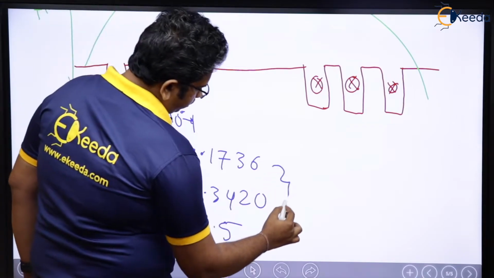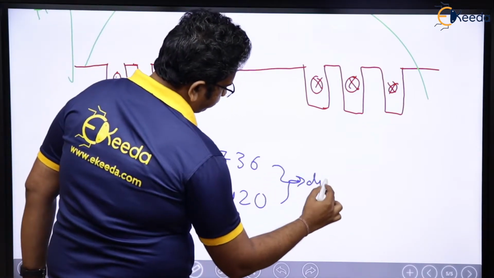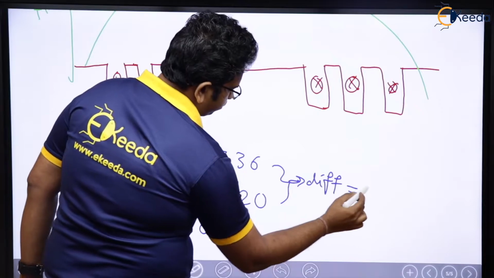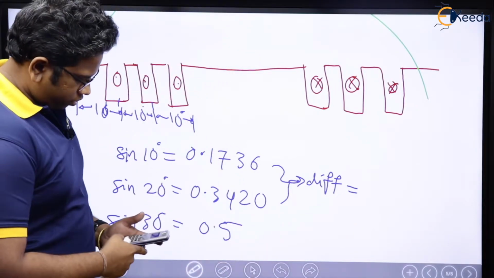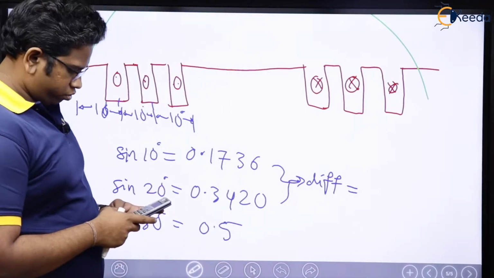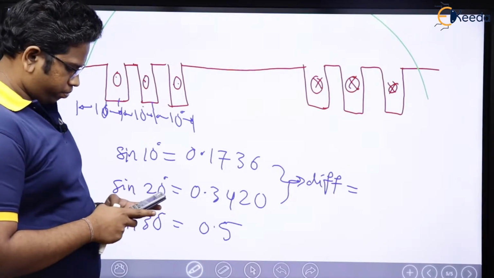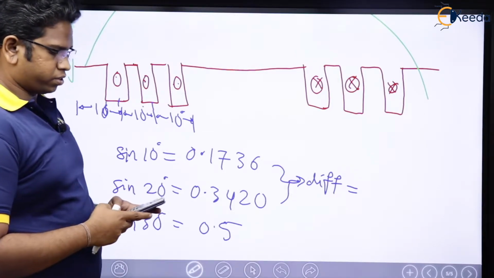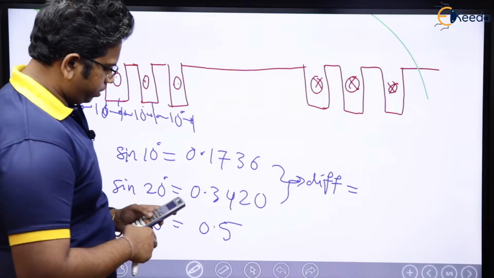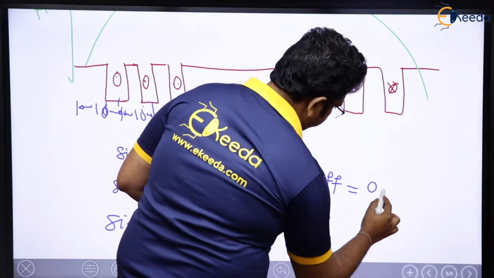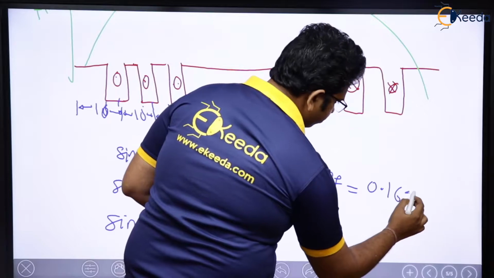Now, relax. See here. Let me consider the difference between these two. What is the difference? 0.3420 minus 0.1736. So this is going to be 0.1684.